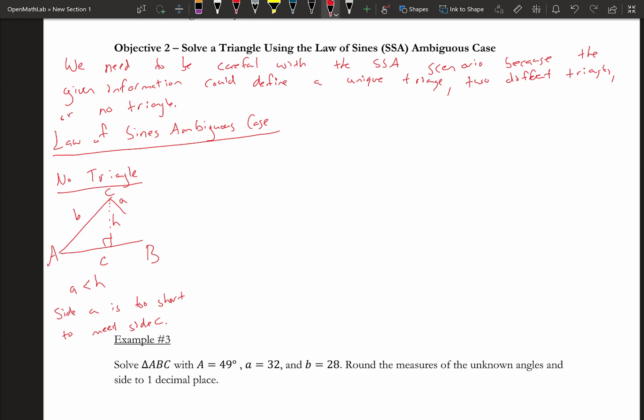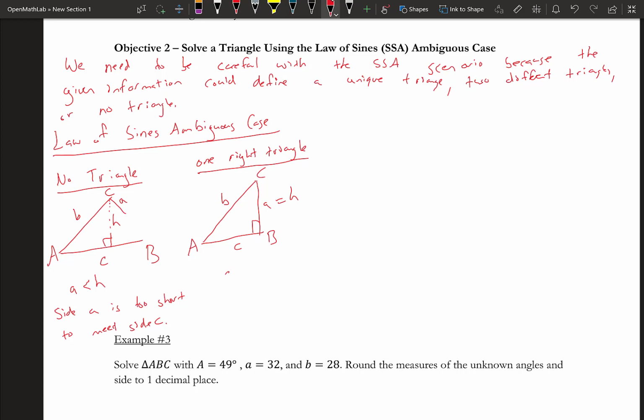Another thing that can happen is that we get one right triangle. So that just looks like, we have a right triangle. There's A, B, and C, so that's side A, side B, side C. So in this case, your A is actually your height of the triangle.